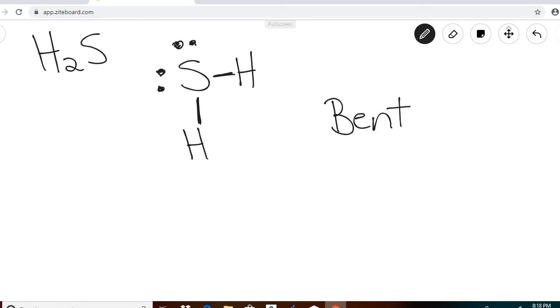And so the way that we would draw this molecule, we would put the sulfur, and then each of the hydrogens is going to be coming off of that like that.